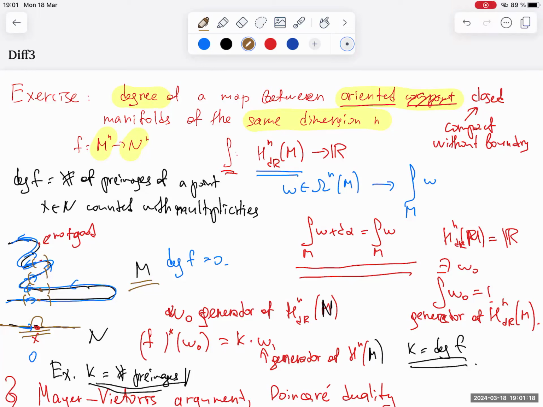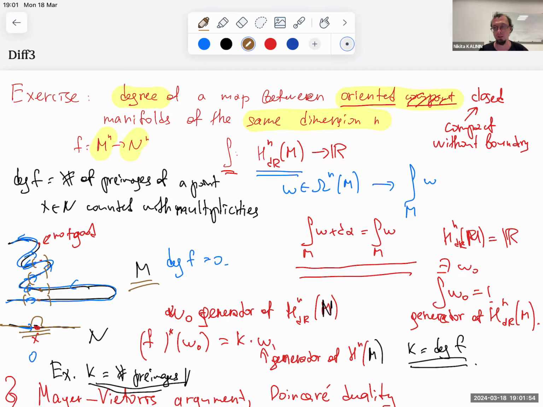I'm sorry, I have a question. Do we know right now that the nth cohomology of an orientable compact closed manifold of dimension n is isomorphic to R? Not yet, but we will learn it today. There's a style of teaching where everything is interconnected, so sometimes you use things that you prove later.